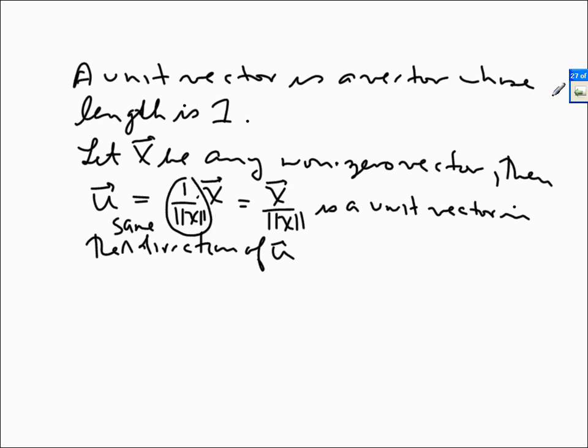Why? Because the length of x is positive, and 1 over a positive number is positive. And I'm scaling, so this is my c. Remember, c times vector x. If this is positive, then c times x is in the same direction of x. So u is in the same direction of x.